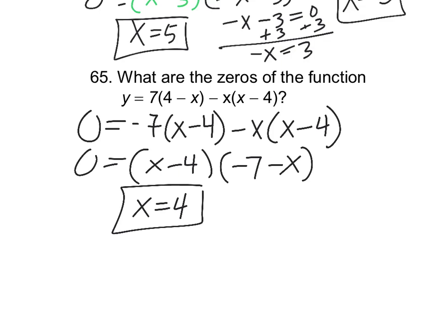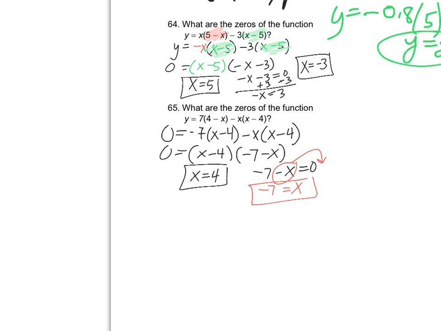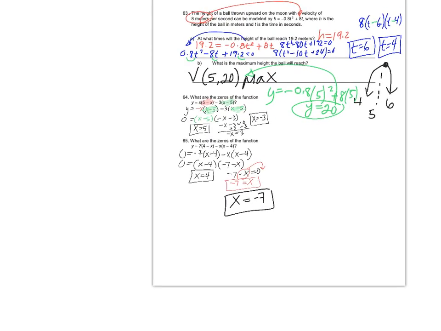And my next one is negative 7 minus x equals 0. So I can take this x and move it to this side, and I'll have negative 7 equals x, and that's my other 0. If you want to turn that one around because you want letters to the left and numbers to the right, you can. It's the same answer.